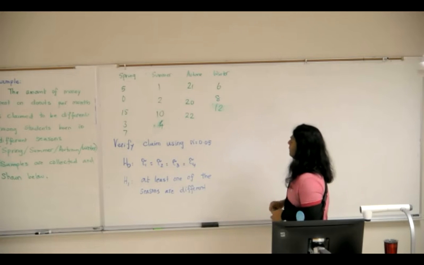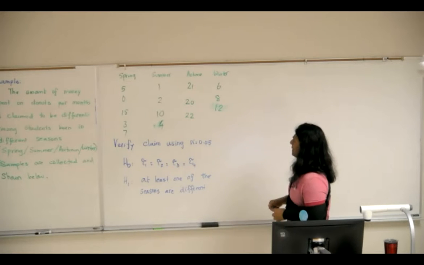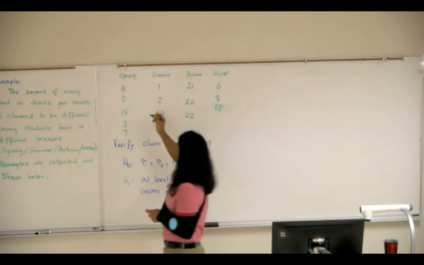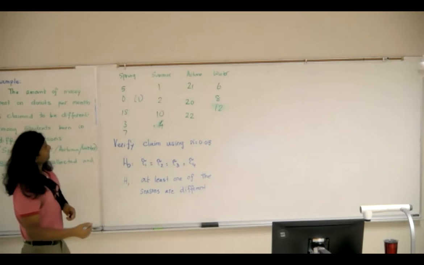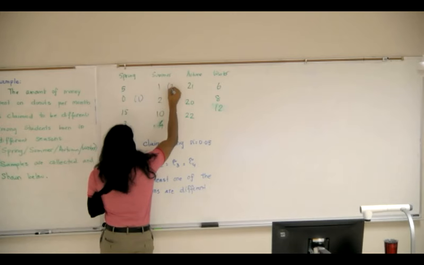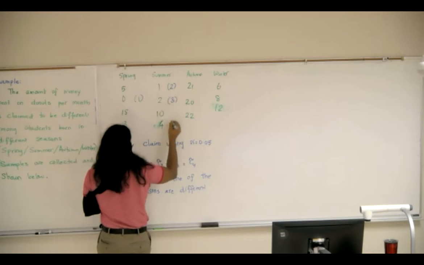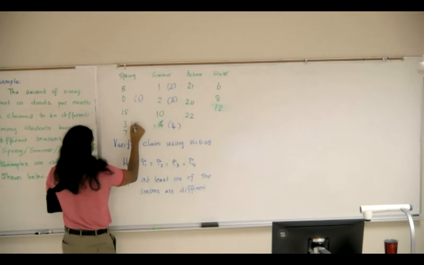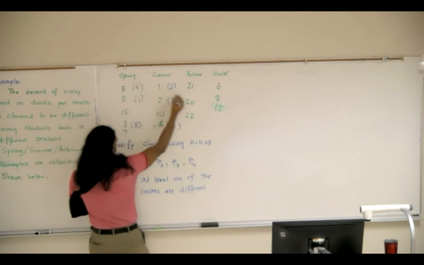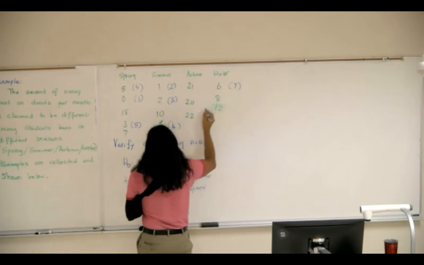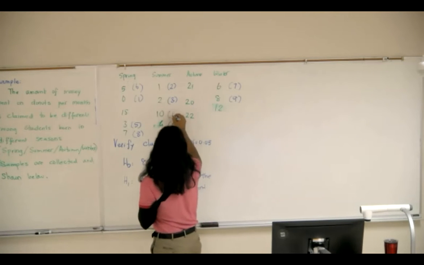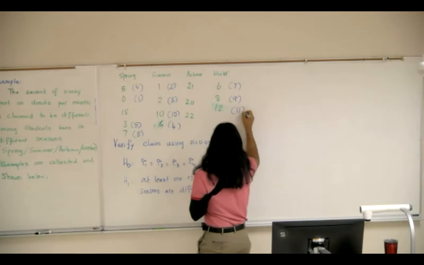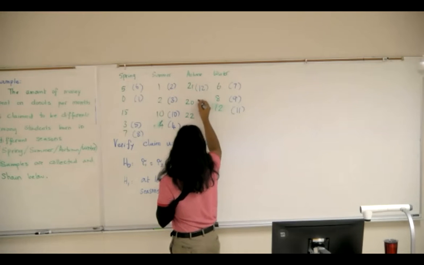So we start ordering things. Rank 1, rank 2, 3, 4, 5, 6, 7, 8, 9, 10, 11, 12, 13.